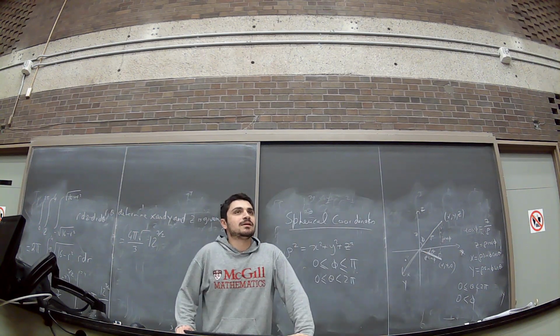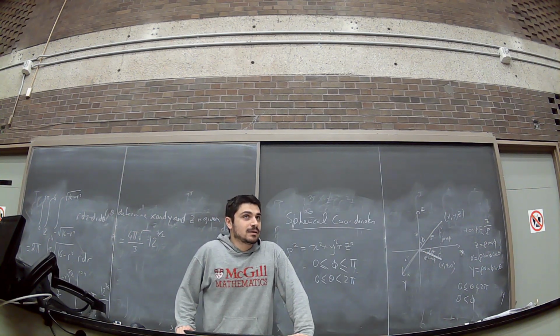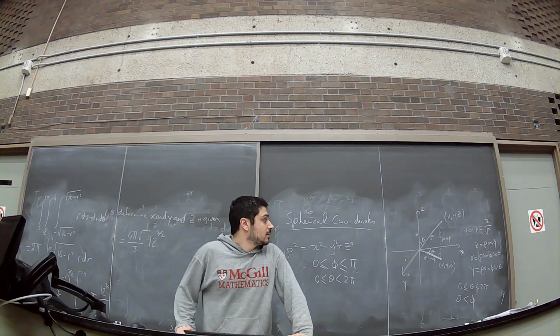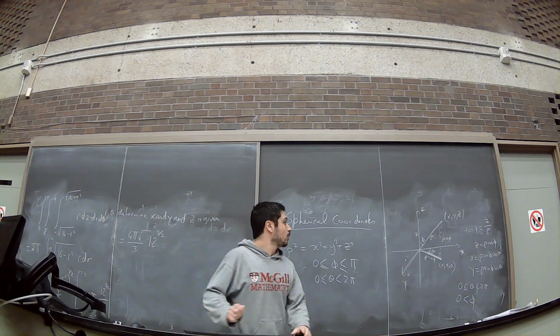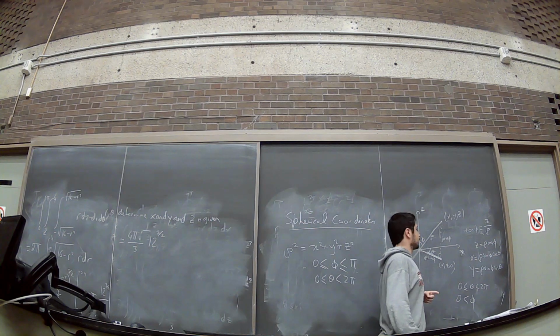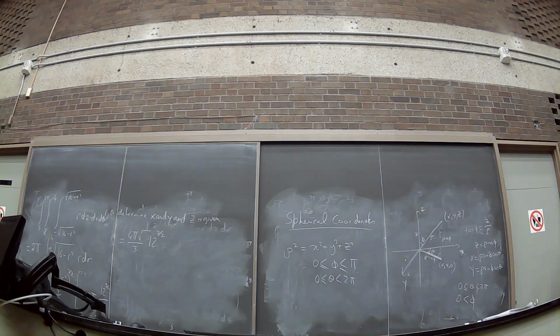Yes, sir. Can you explain maybe? I'm not seeing the drawing properly. How is Z related to phi and rho? Okay, this is the Z axis. So this is the center, and this is Z. What is the angle here? Call it phi. This is not 90, this is phi.